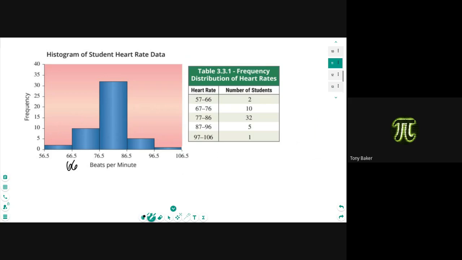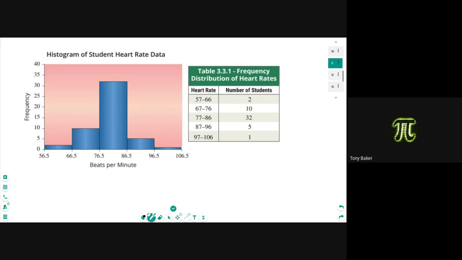By making it 66.5, that is not a value that would have occurred in my data set. So therefore, I do not have a problem of it being evaluated specifically on that point. That make sense? Okay. So you always go the halves between them.